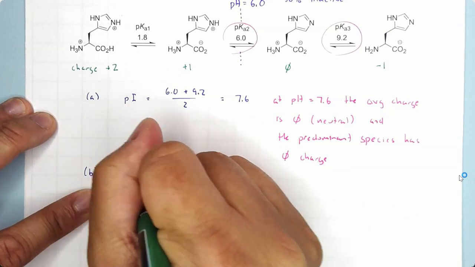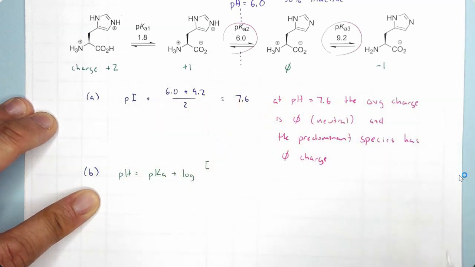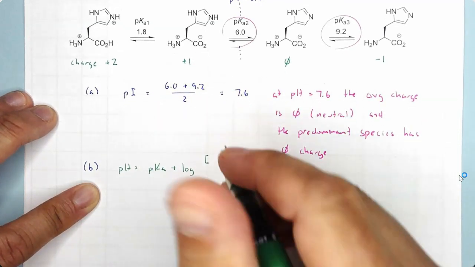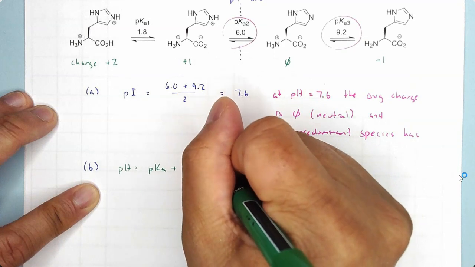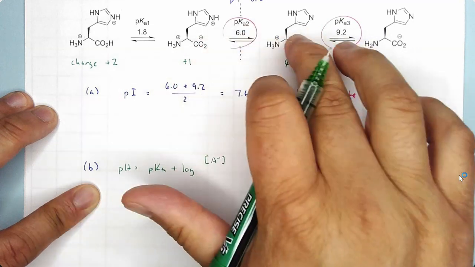Henderson-Hasselbalch: pH equals pKa plus log of, in this form, A minus, but we don't have a species, we don't have a ring that's minus.